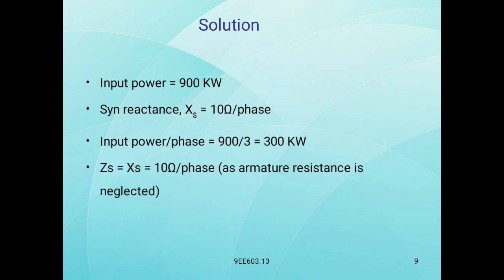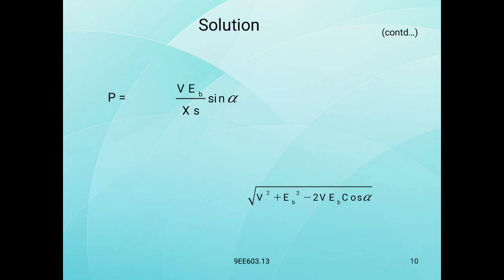Zs is equal to Xs, that is 10 ohms per phase, since the armature resistance is neglected here. Power is equal to the maximum power formula, V into Eb by Xs into sin alpha, where alpha is the load angle.